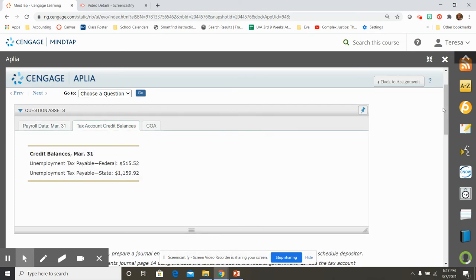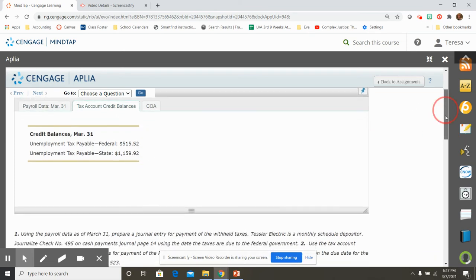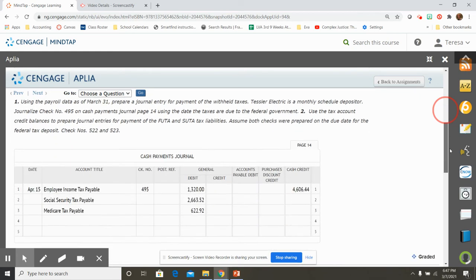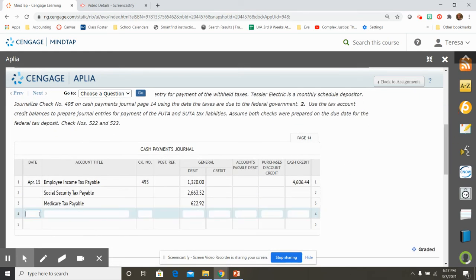And so I'm going to type in unemployment tax payable federal. And that's going to be at the end of the quarter. So it's going to be for the first quarter, April 30th, we're going to put unemployment tax payable federal.